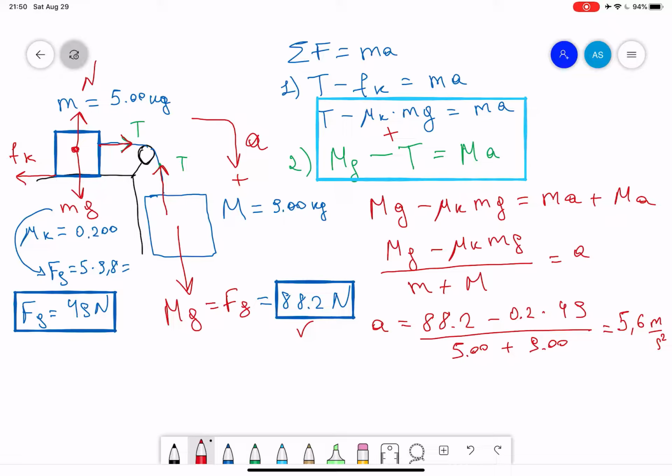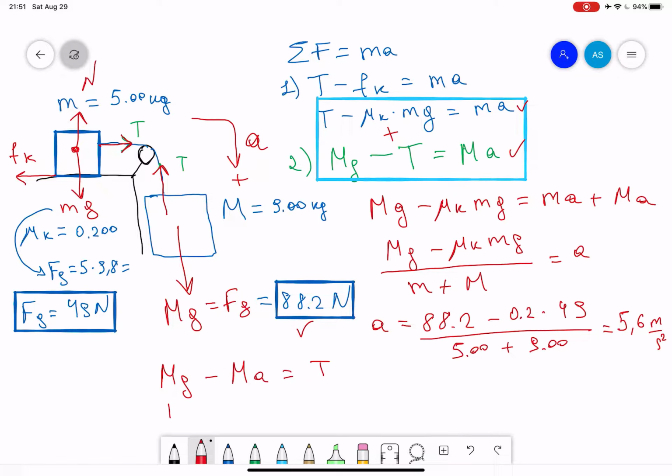Now we have the acceleration. By substituting it into either equation, you will get the same tension. Let's use the second equation because it's less calculation. Capital Mg minus capital Ma is equal to the tension.